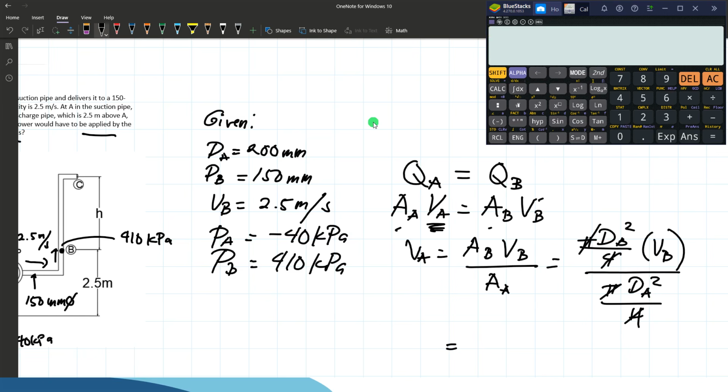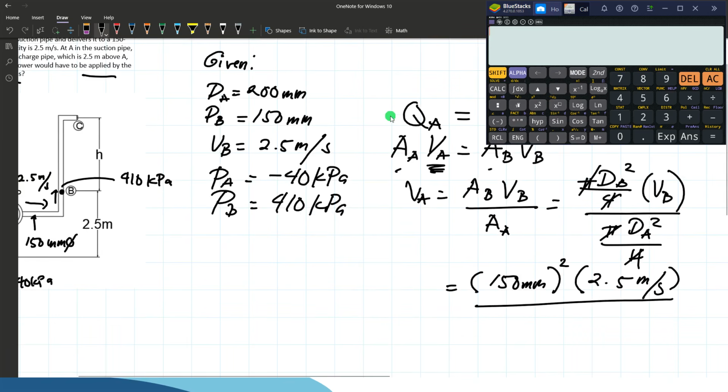What remains is dB squared, 150 mm raised to 2, times velocity at B, 2.5 meters per second, over dA, 200 mm raised to 2.